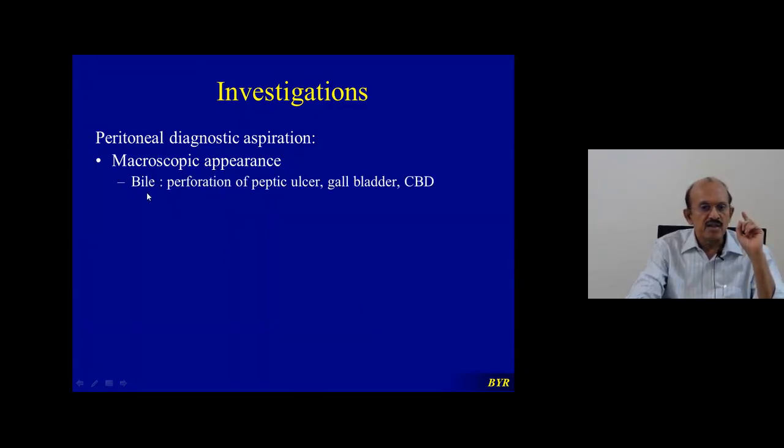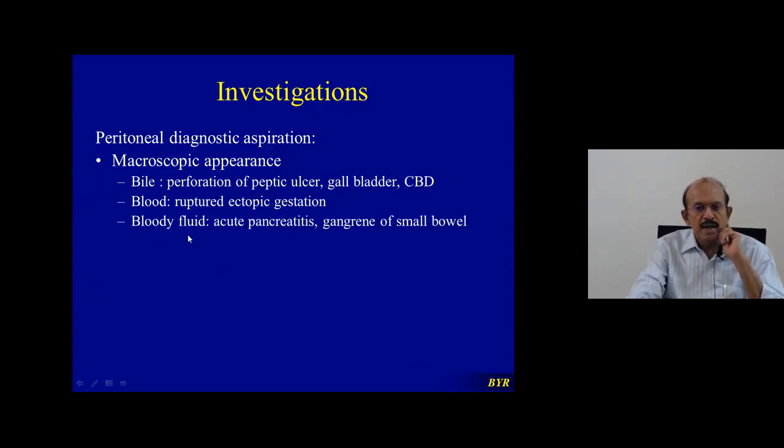If it is greenish, the cause can be perforation, or it can be perforation of the gallbladder or CBD. If it is blood, it is due to ruptured ectopic gestation. If it is bloody fluid, that means thin blood with fluid, it is due to acute pancreatitis or gangrene of the small bowel.